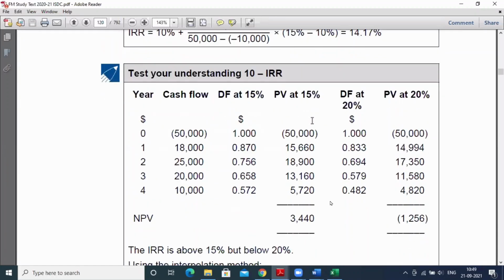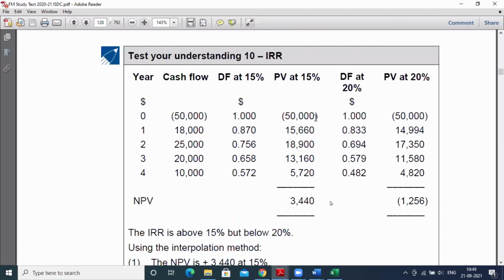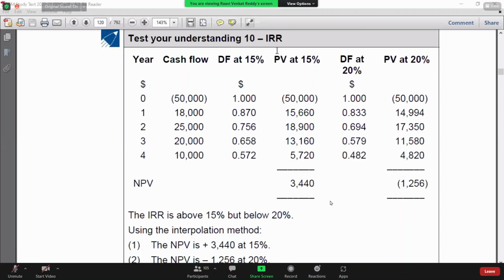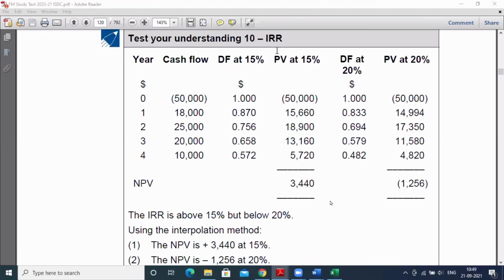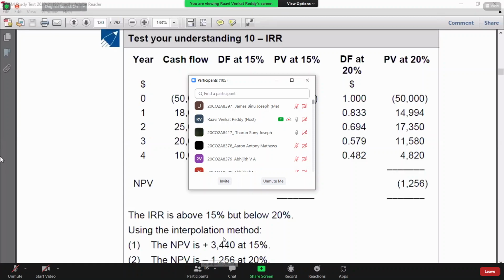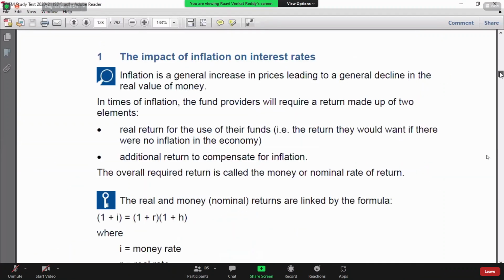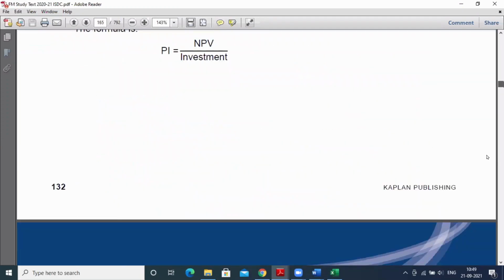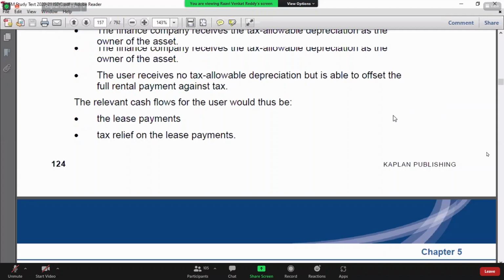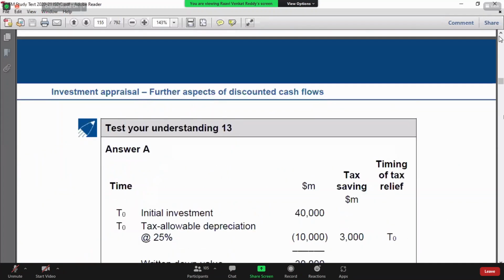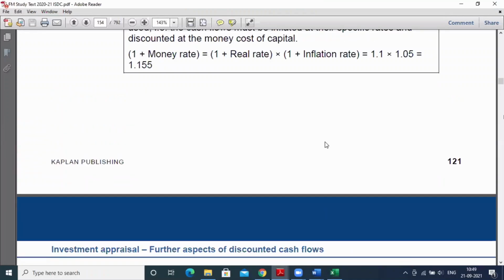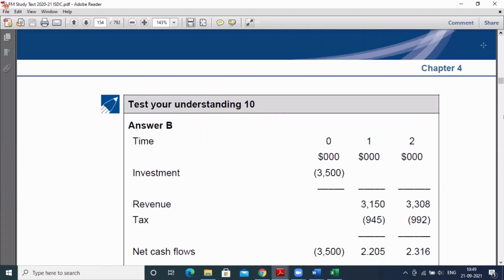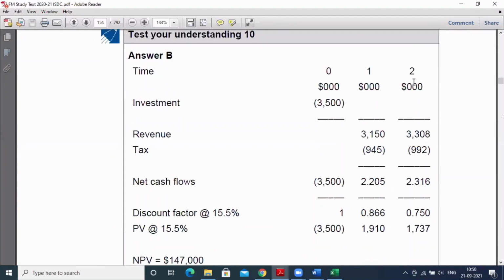Sir, fourth chapter, not third chapter. Fourth chapter, test your understanding, 10th question. This one, right? Yes, sir.